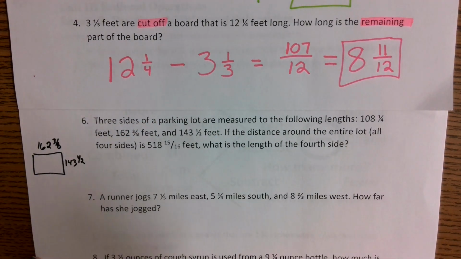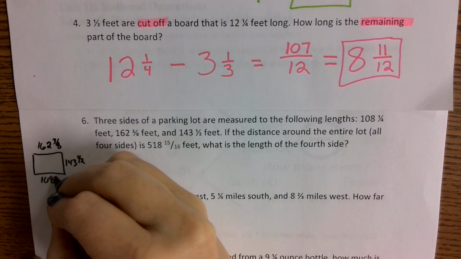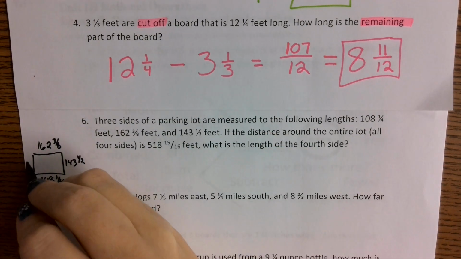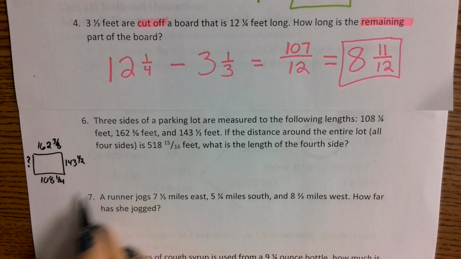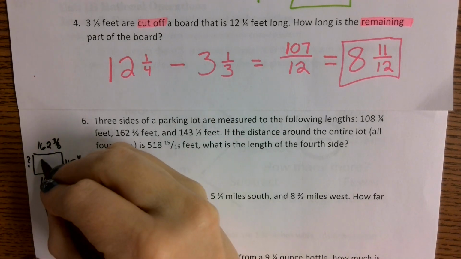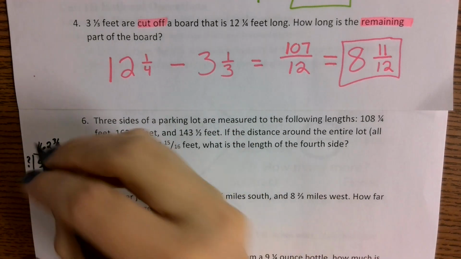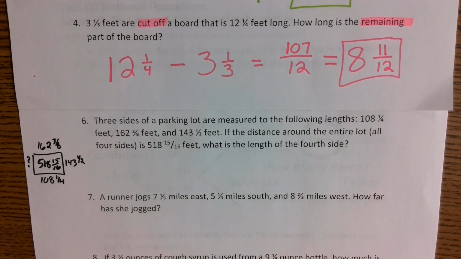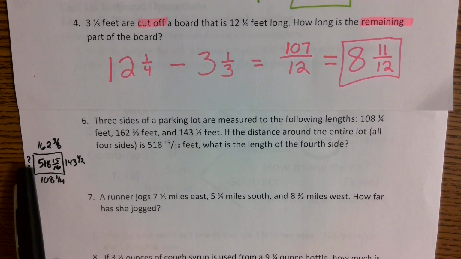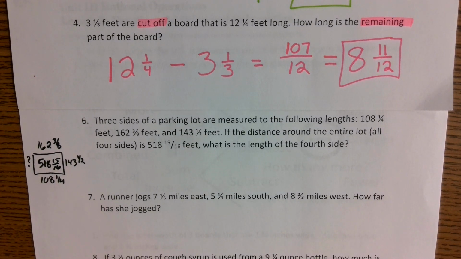Another measurement is 108 and 1/4. And then we have a measurement that we don't know. But we do know that the entire lot, all four sides together, is 518 and 15/16. What do you think we're going to do to figure out that missing side? Amaya, what do you think?